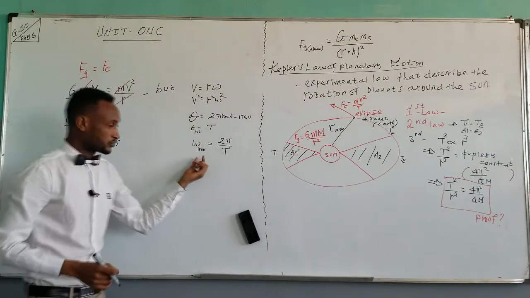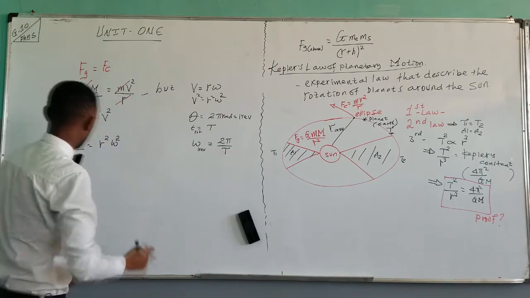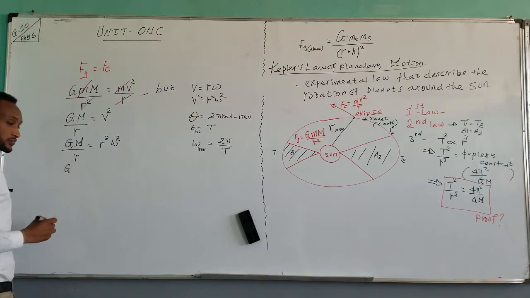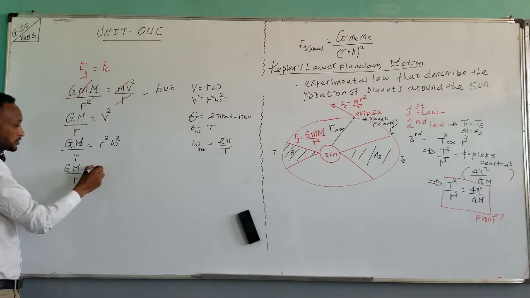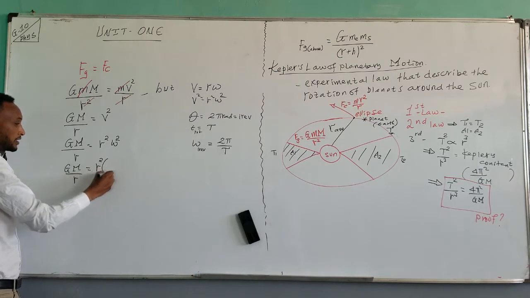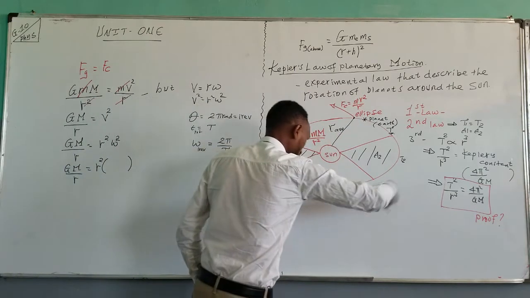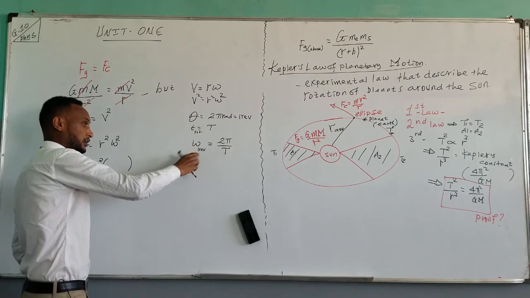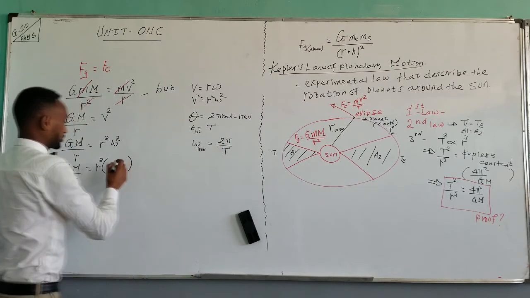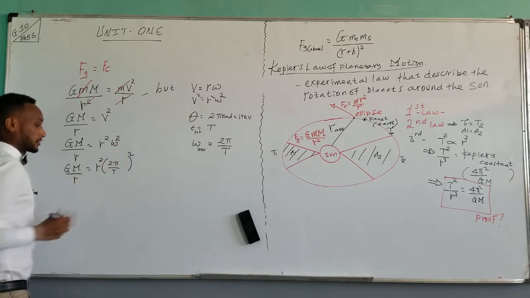Let's substitute the angular velocity of the planet by this value. Now we get that the gravitational constant times the mass of the sun over the distance is equal to the distance scale times, for 1 complete rotation, 2 pi over the period T, scaled.